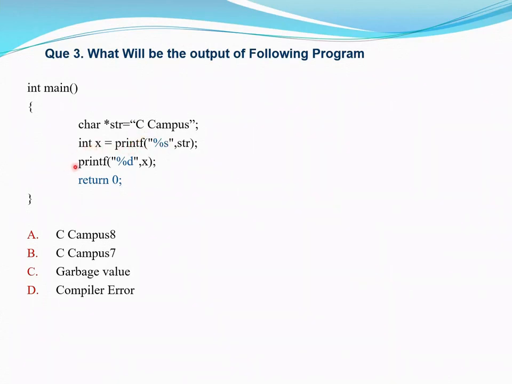And by the next statement, printf x, the value of x, that is 8, will be displayed. So the output of this program will be ccampus 8.